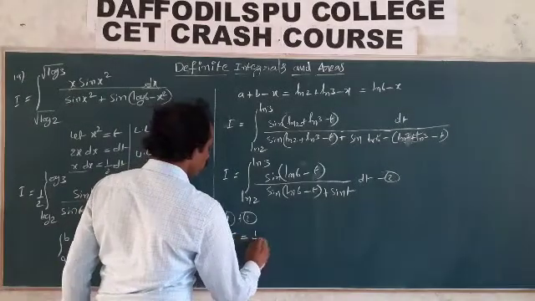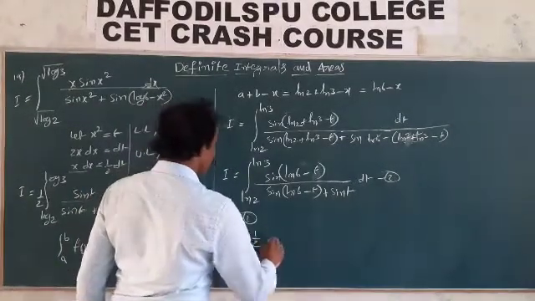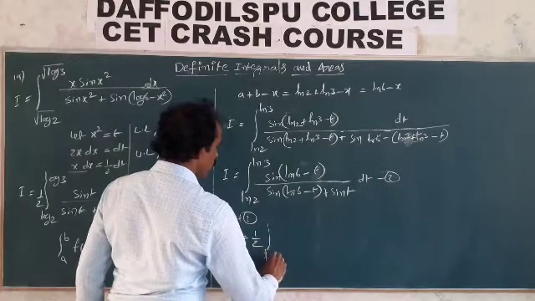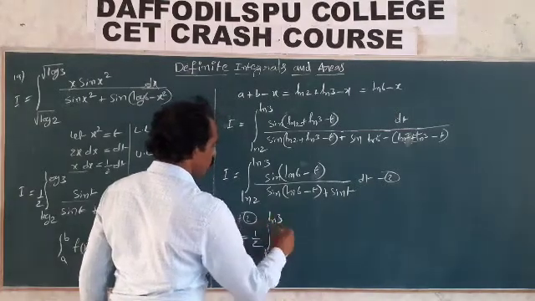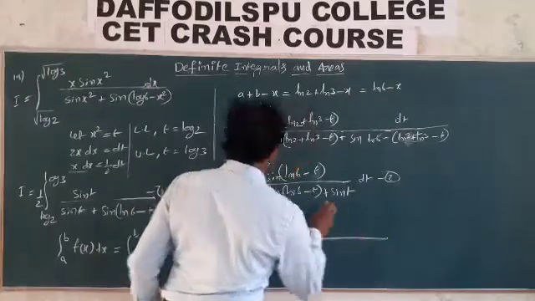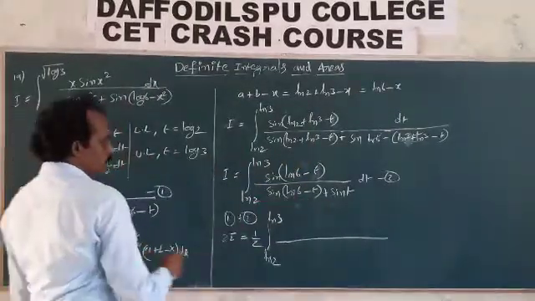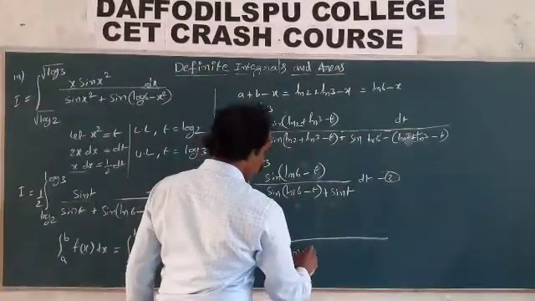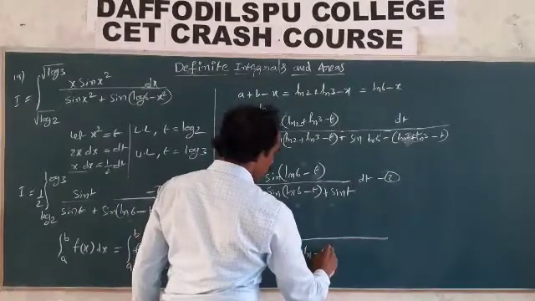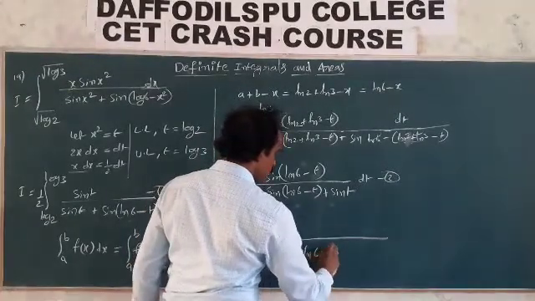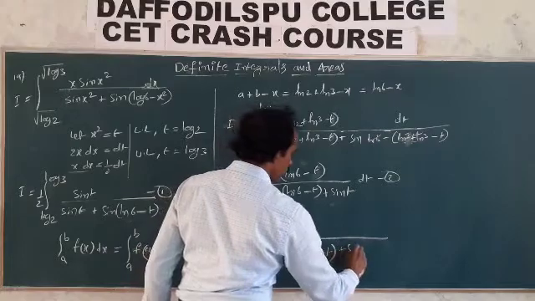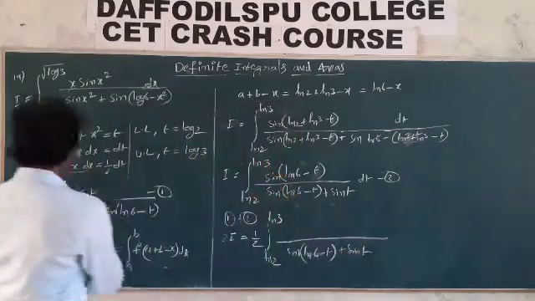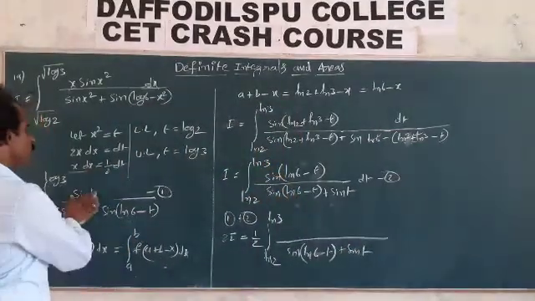2I is equal to 1 by 2 common, and the integral from ln 2 to ln 3. The denominator is the same, so the numerator is sin of (ln 6 minus t) plus sin t.